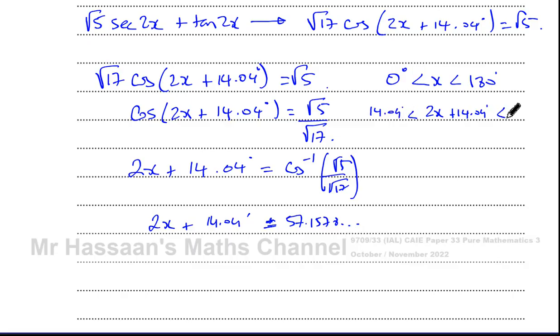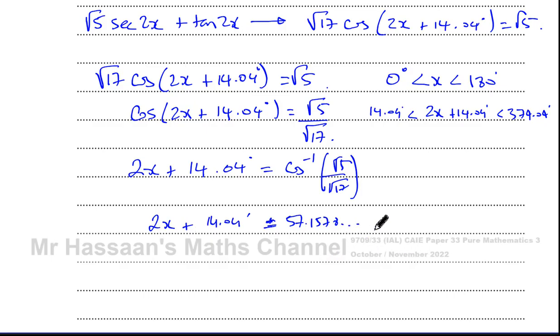And this becomes 2 times 180, which is 360, plus 14.04. That's going to be 374.04 degrees. So we have to catch all the angles within this range.